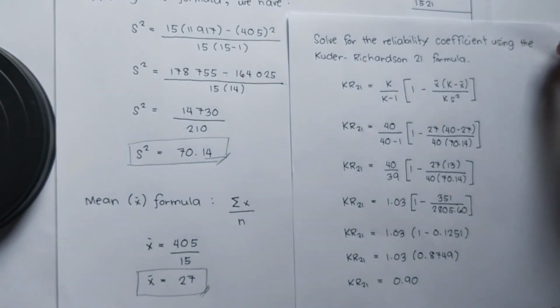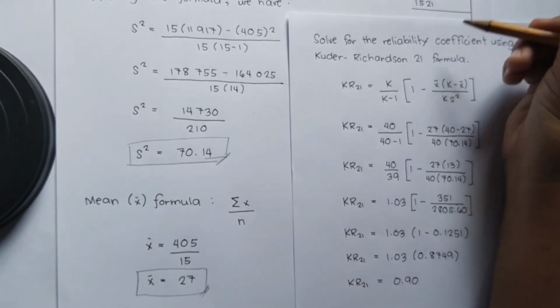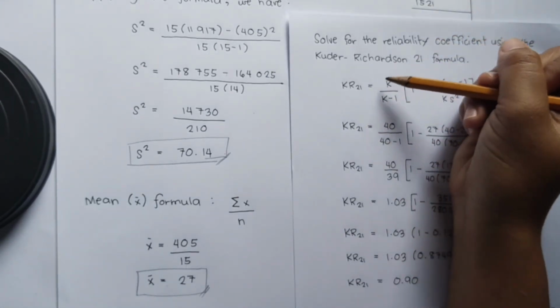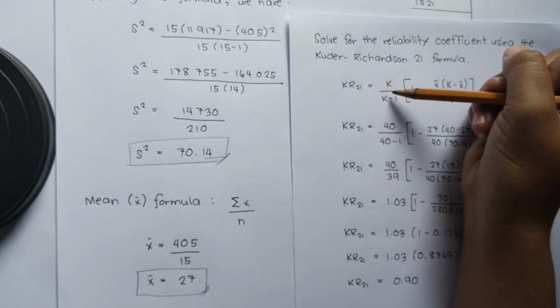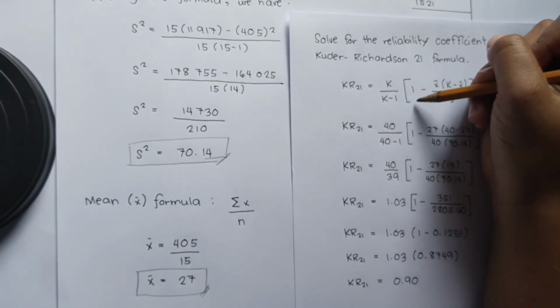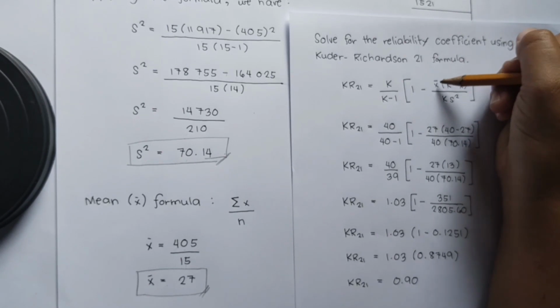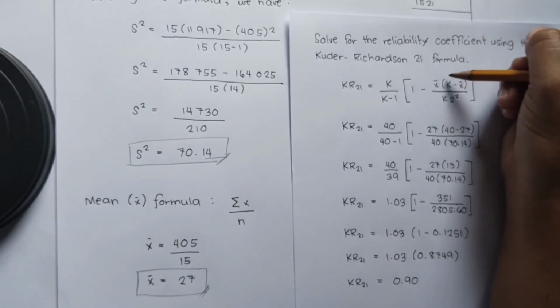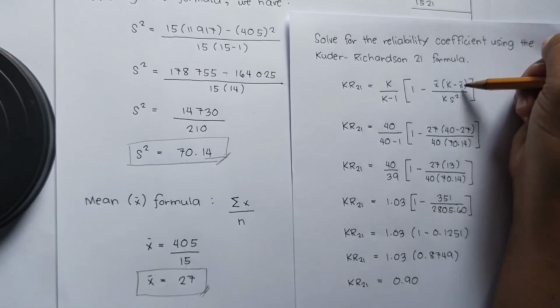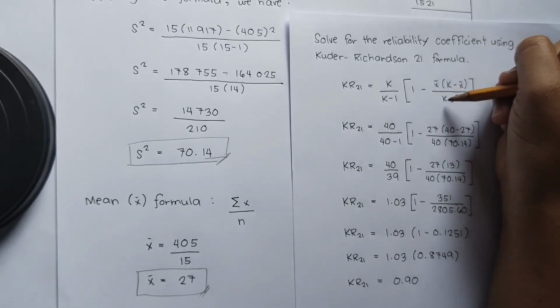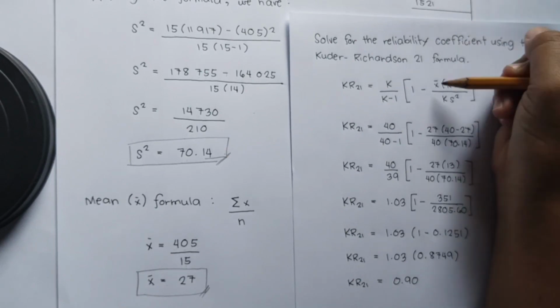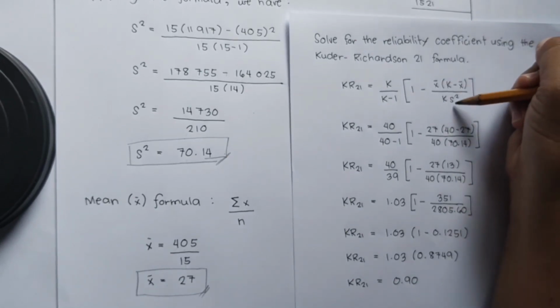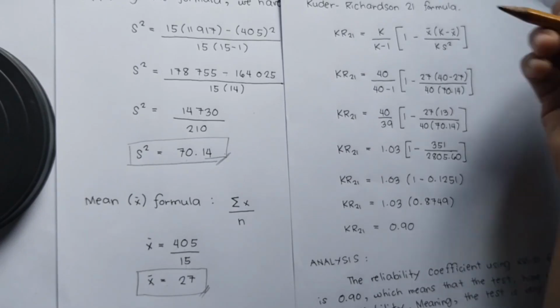Kakasolve lang natin. In this part, we will solve for the reliability coefficient using the Kuder-Richardson 21 formula. So, the formula for the KR-21 is KR-21 is equals to K over K minus 1 times 1 minus mean times K minus mean over K squared. So, ano nga ulit si mean at si standard deviation.